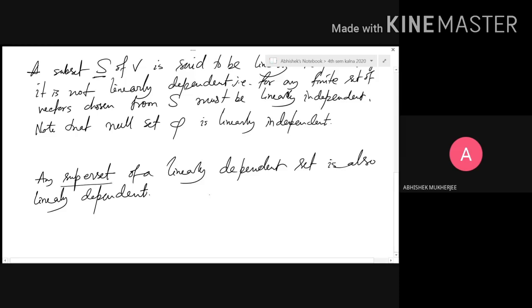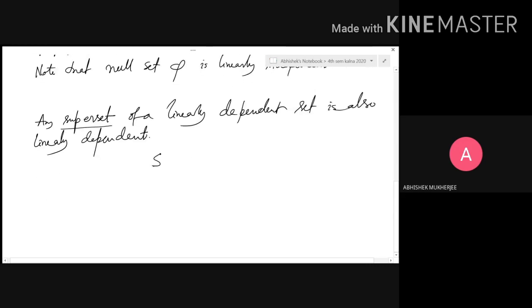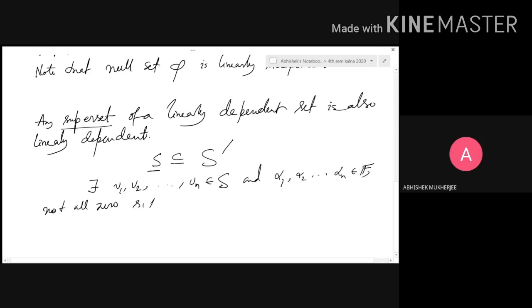Suppose you consider a linearly dependent set S, and S dash is a superset of S. Now if S is linearly dependent, then you will find some distinct vectors v1 to vn in S, and you will find n many scalars, not all 0, such that alpha 1 v1 plus alpha 2 v2 plus up to alpha n vn equals theta.